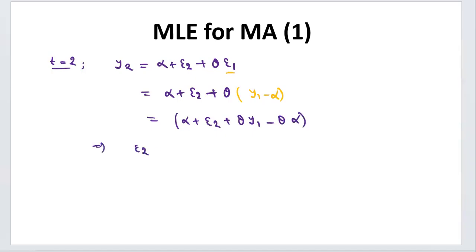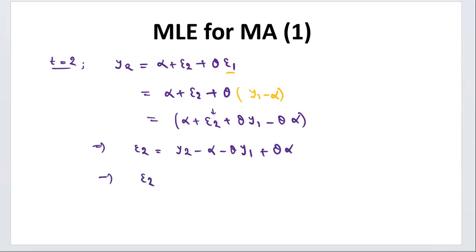So in terms of epsilon 2, keep epsilon 2 on one side and take the other terms to the left hand side. So it will be y2 minus alpha minus theta y1 plus theta alpha. Okay.